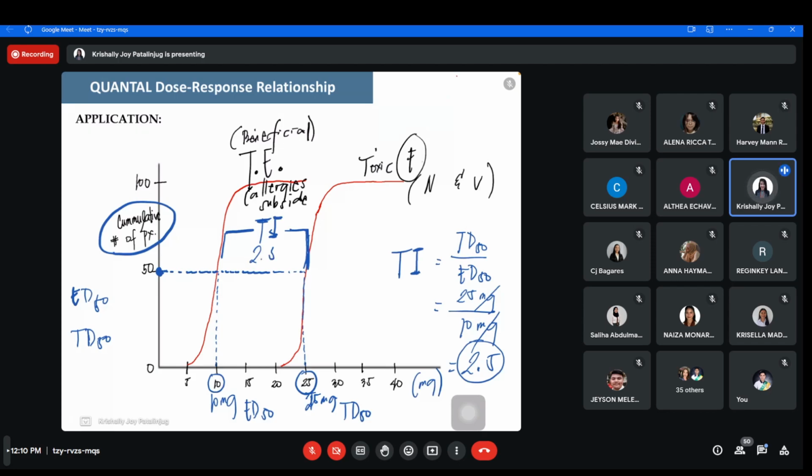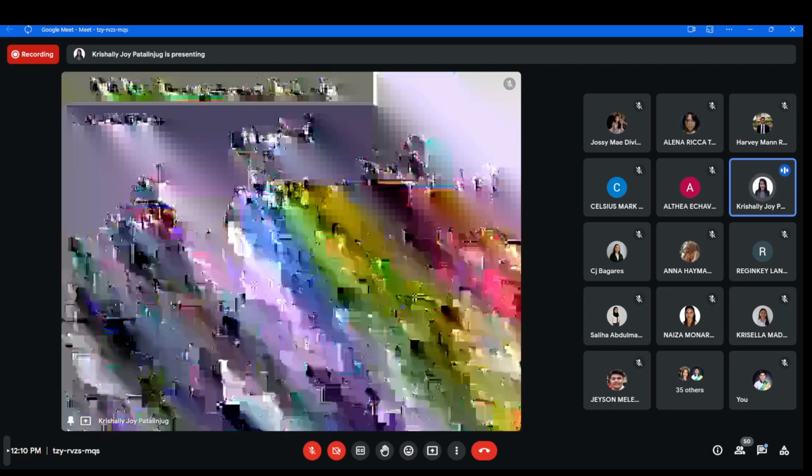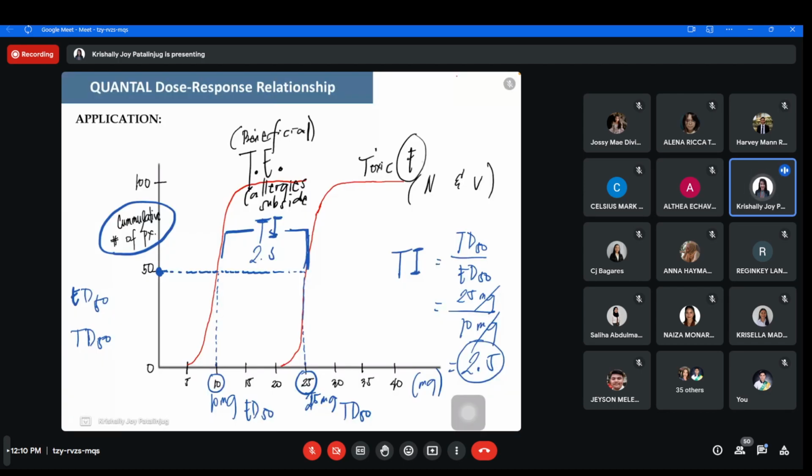Lesser or lower na mga therapeutic index would tell us na meron siyang very narrow therapeutic index and hindi safe ganun na ibigay yung gamot na basta-basta lang siyang i-prescribe. It should be highly monitored if in case very narrow yung therapeutic index ng isang gamot. Kasi konting kibot lang dyan, harmful na agad na siya adverse effect.